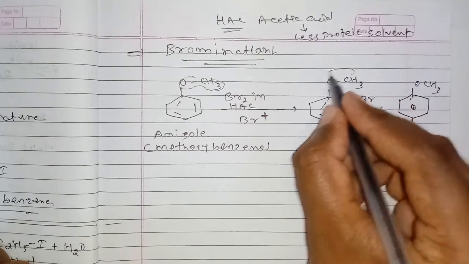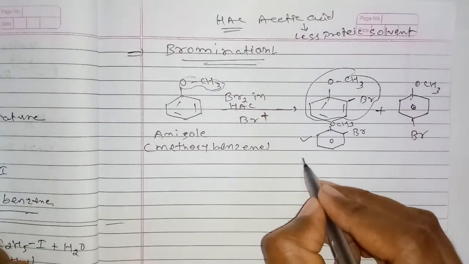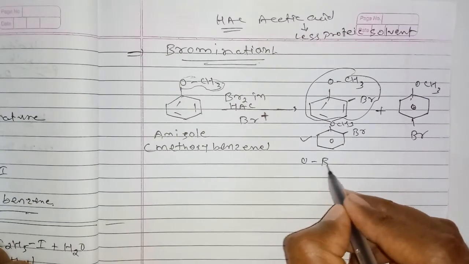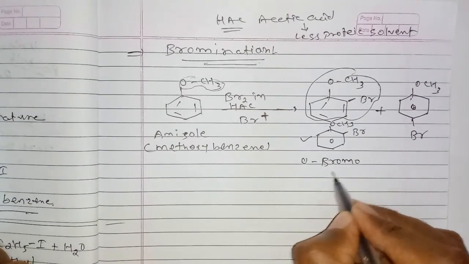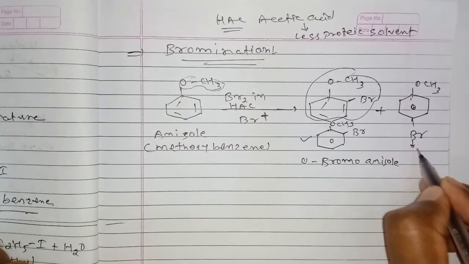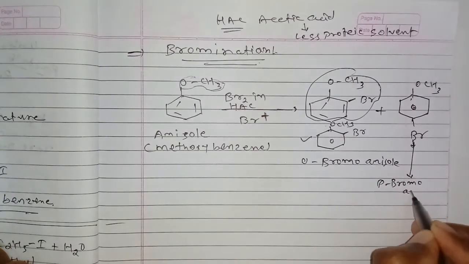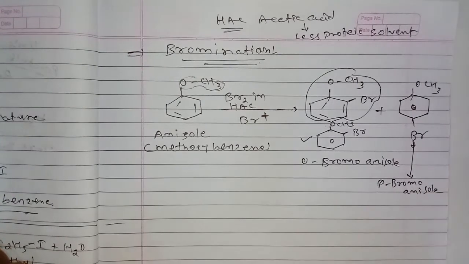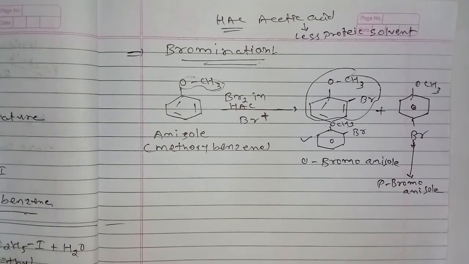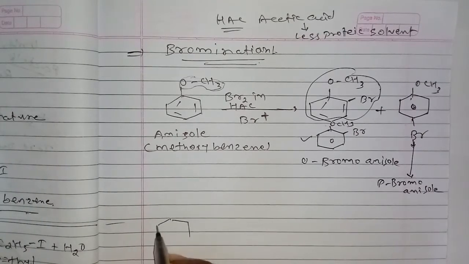Okay, either you can write this structure or this structure. It is ortho bromo anisole, and it is para bromo anisole, and of phenitol.